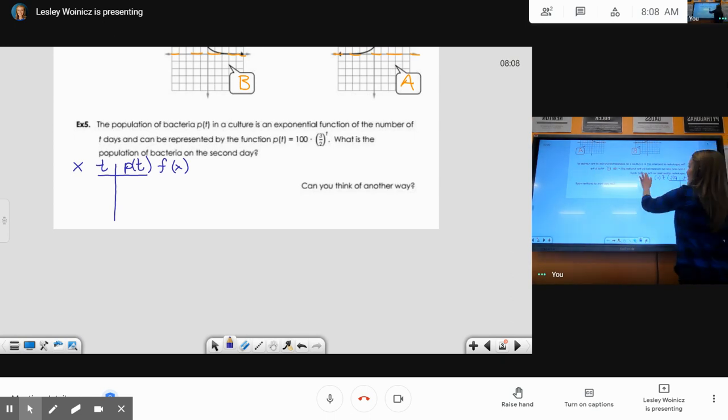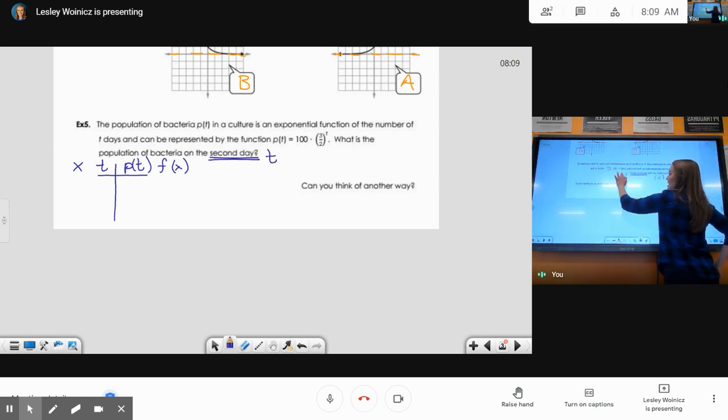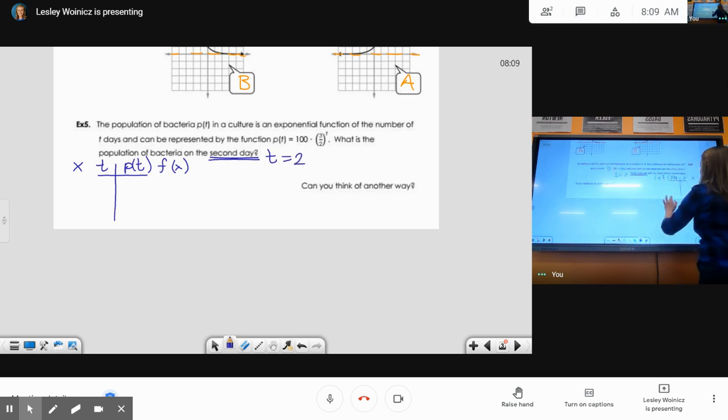So for the second day, that's telling us that the T, which is the days, is 2. So if I plug in a T, what is the output? What is the population on the second day?